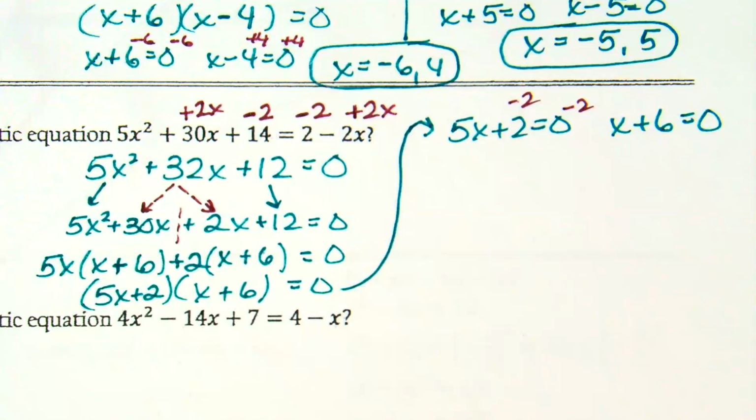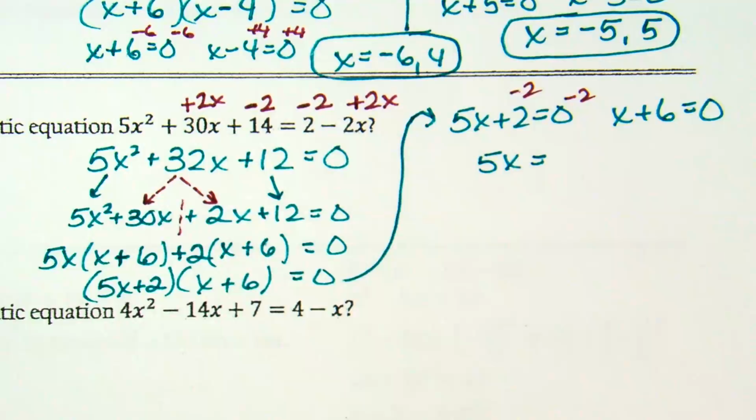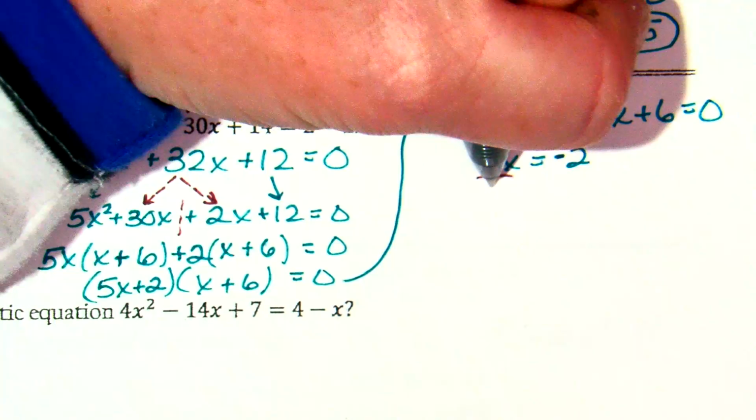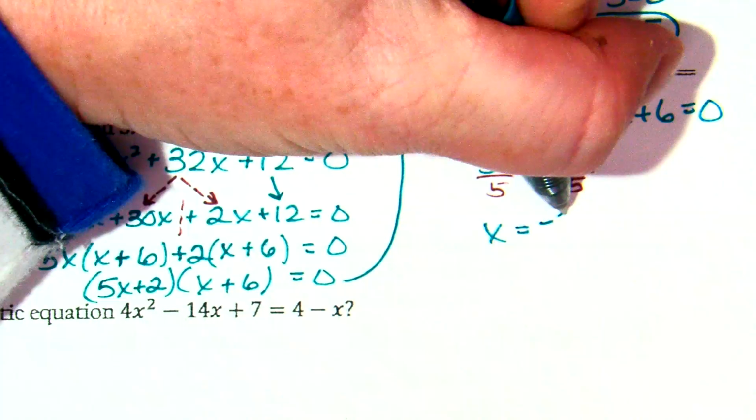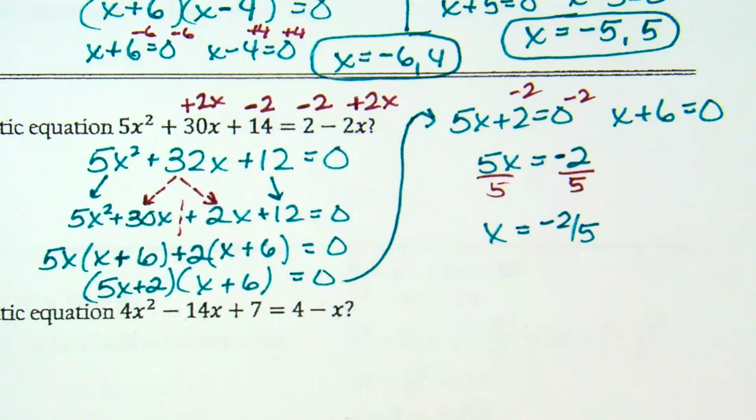So if it's 5x plus 2, what happens? Subtract the 2. 5x equals 0 minus 2, which is negative 2. Divide by 5, and x is negative 2/5.